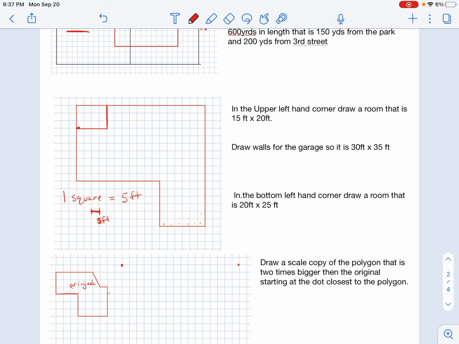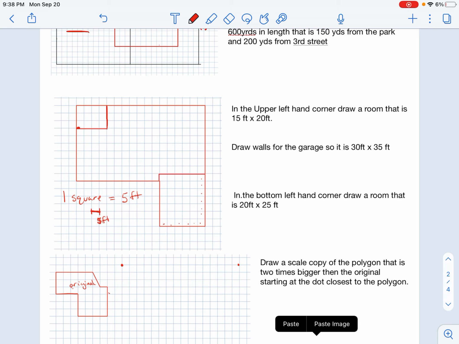And then we got to go 7 up. 1, 2, 3, 4, 5, 6, 7. Okay, draw 6 over and connect that down. Okay, there we have our garage now. It is 30 feet because we use 6 and by 35, which is 7.